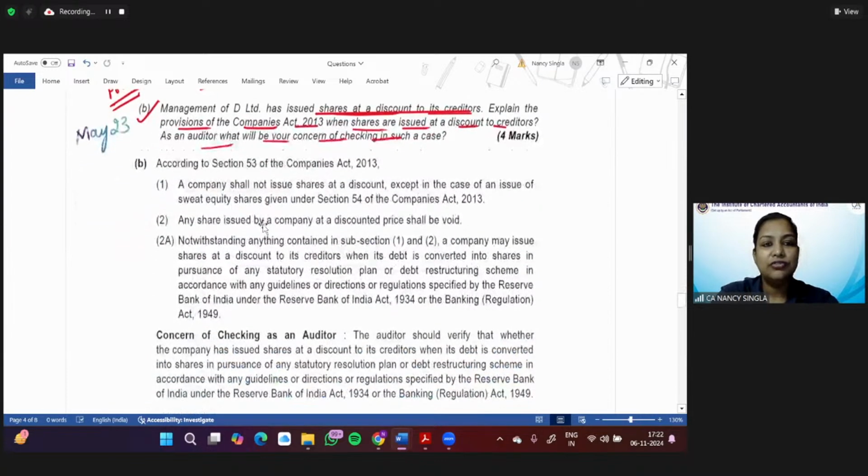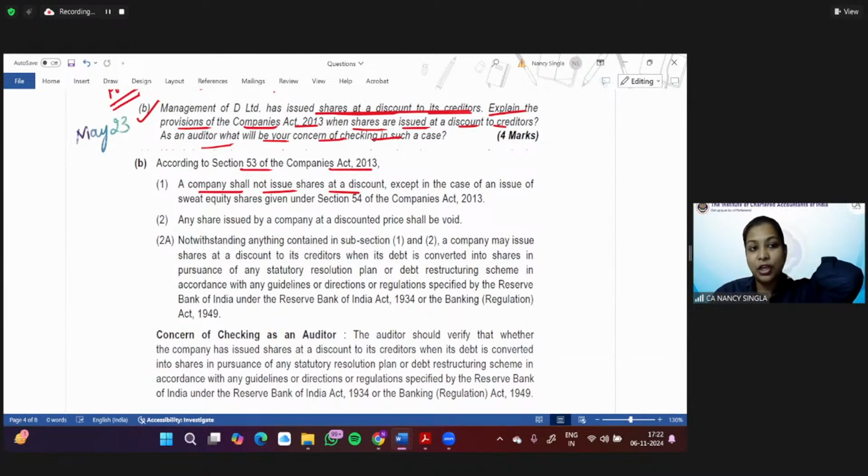So let us have a look at the answers. According to Section 53 of the Companies Act 2013, a company shall not issue shares at a discount, except in case shares are issued as sweat equity shares in terms of Section 54.